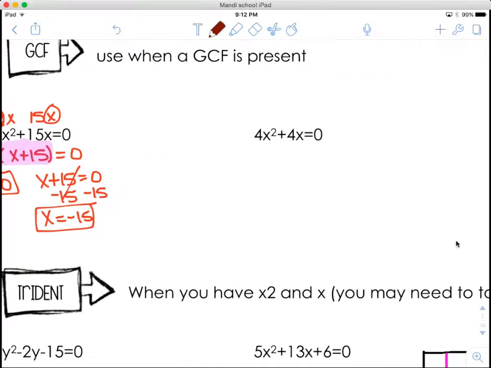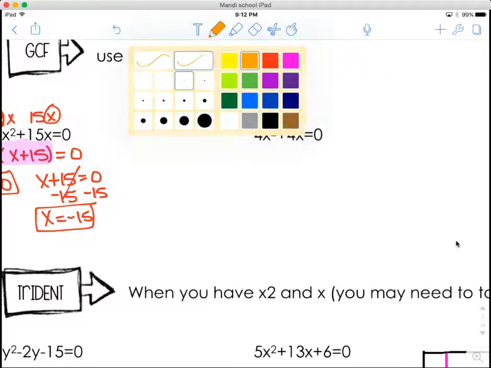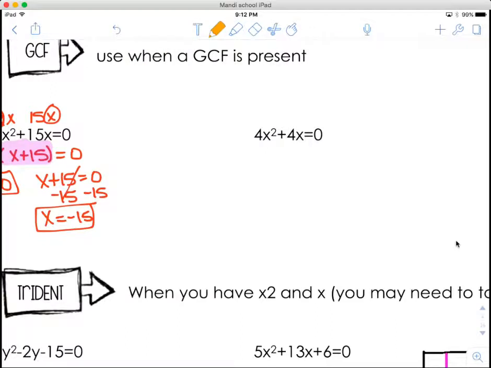Okay, so let's look at another one. So this one we have a 4x squared, and this one we have a 4x. So we can take a 4x out of both. And remember, if you take everything out, invisible 1 is still there.